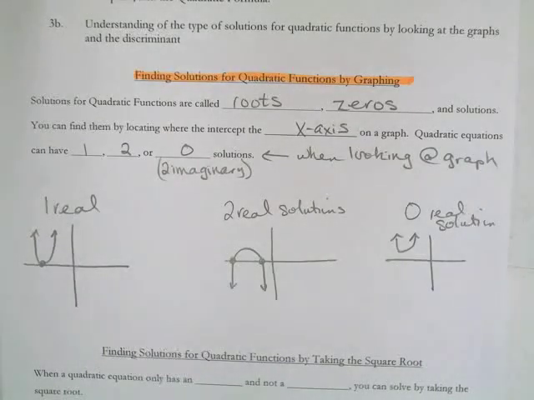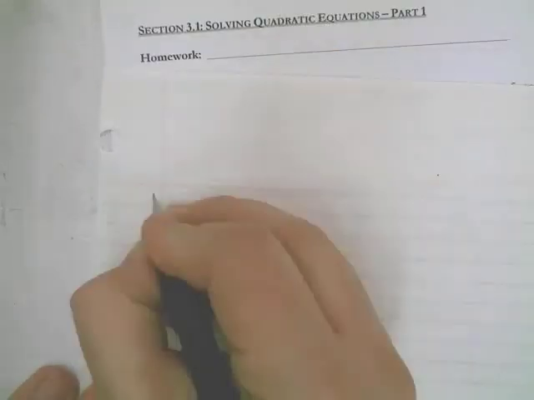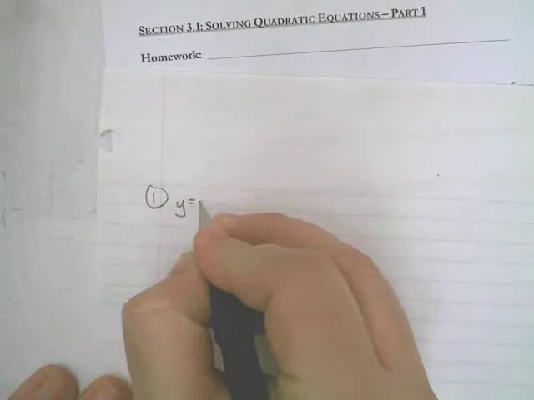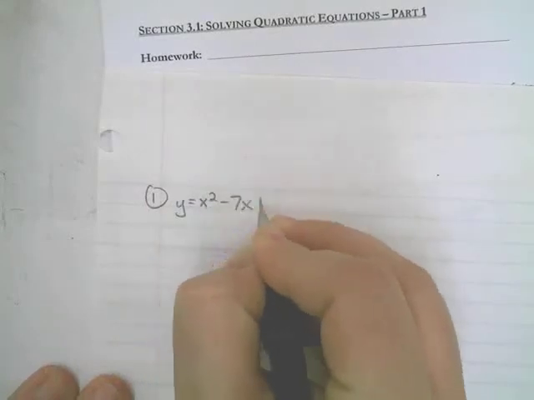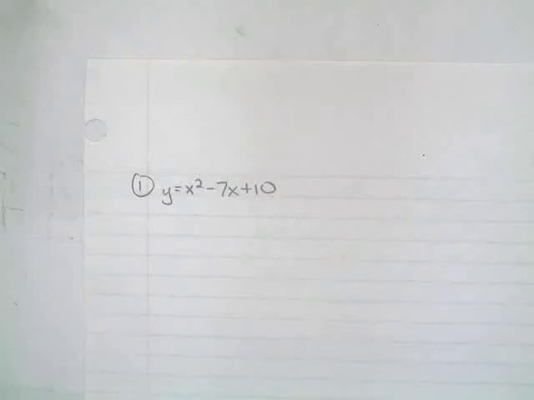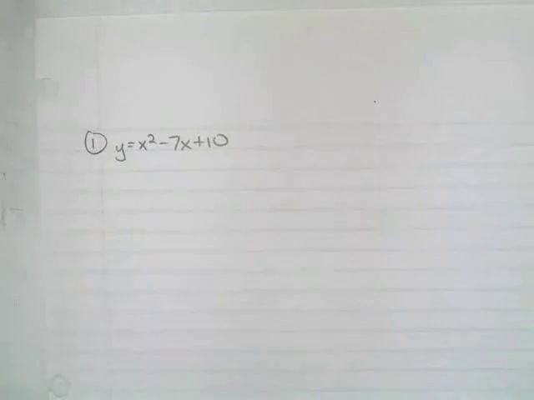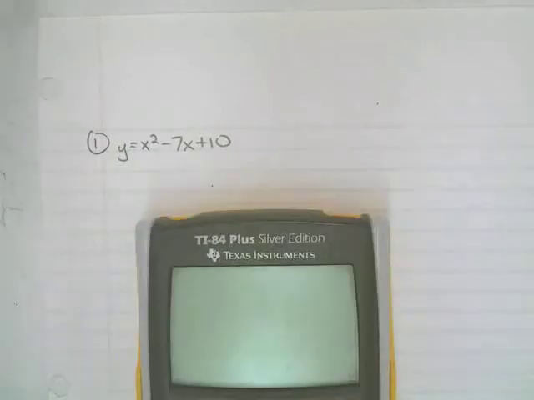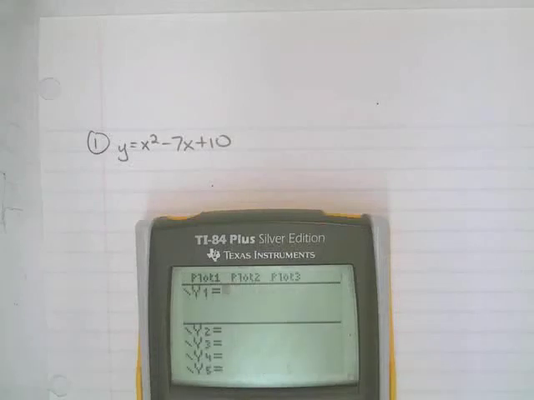So let's go to our lesson. Let's do some problems. We're going to start with some basic problems where y equals x squared minus 7x plus 10. Now, we're just using our graphing calculator to find the answers. We're going to learn how to do it by hand later. So I go to my y equals, clear out anything I have, and I type x squared minus 7x plus 10.